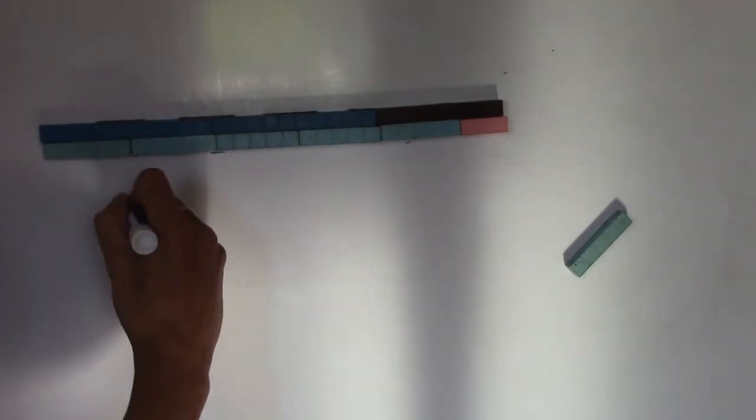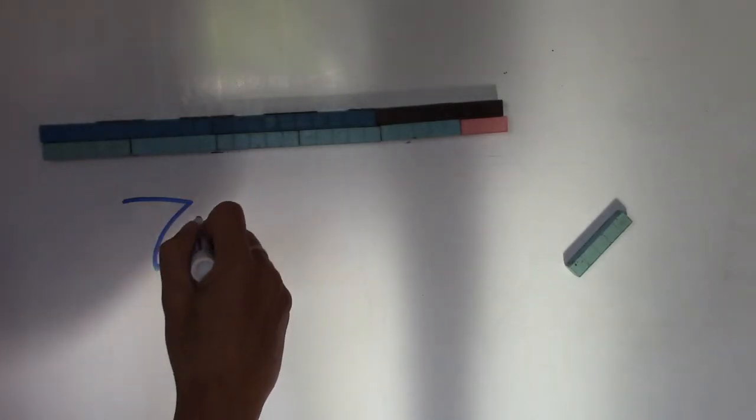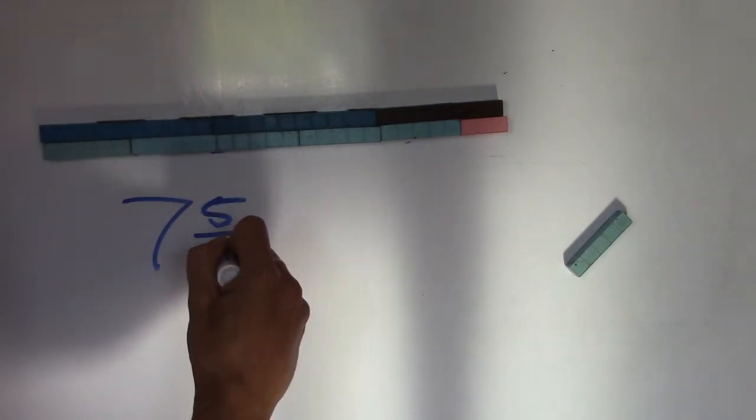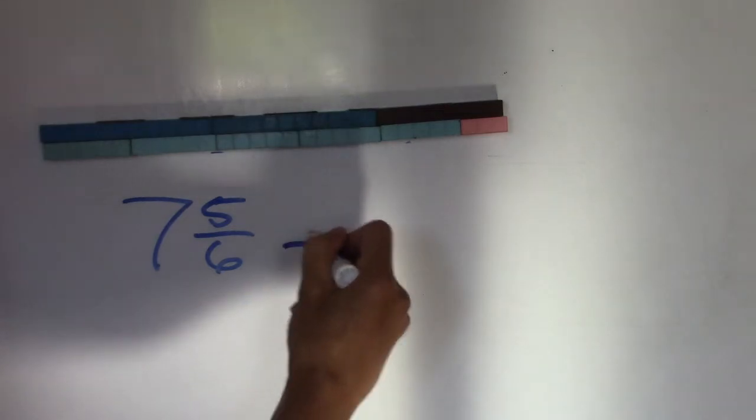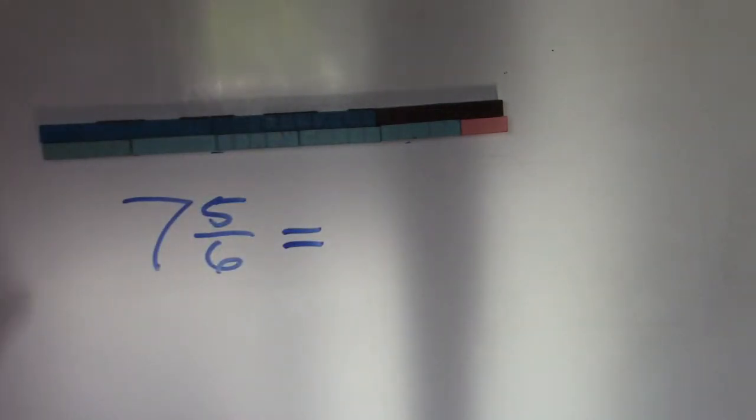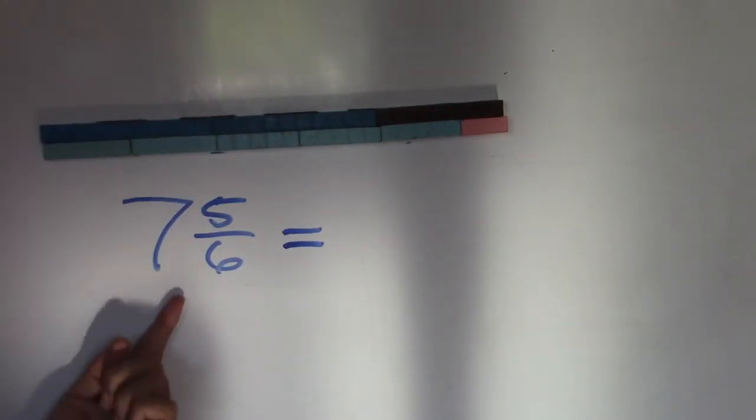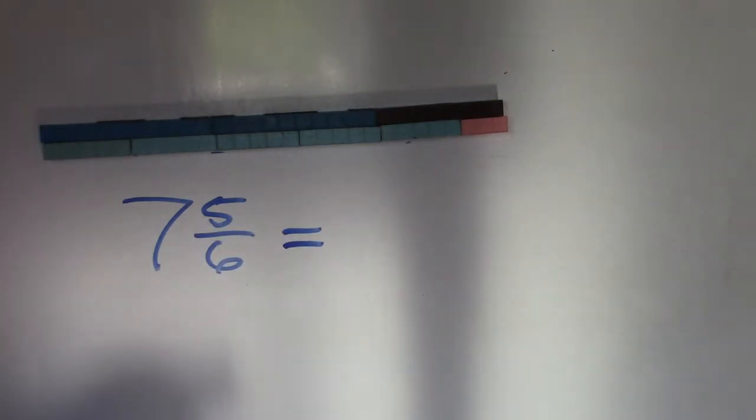Alright. 7, and we're not going to have room to fit it on here, but we'll do 7. And what do I want? Let's do 6s. 7 and 5/6. What is my improper fraction going to be? You know the mixed number. You want to know the improper fraction.